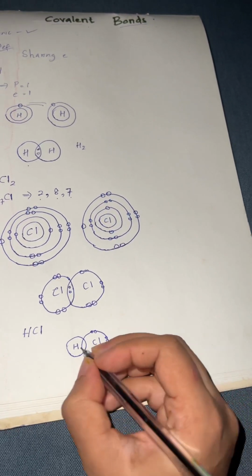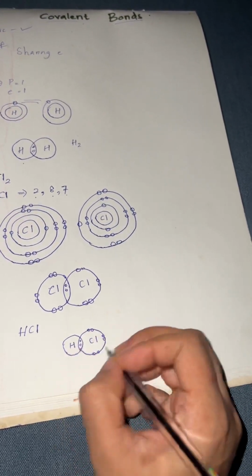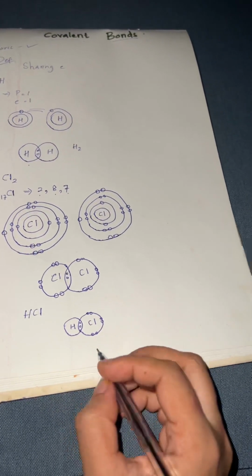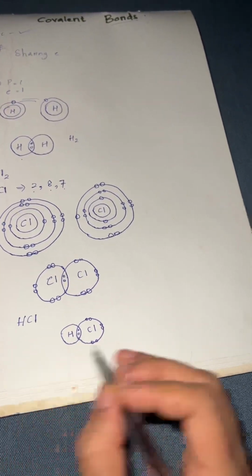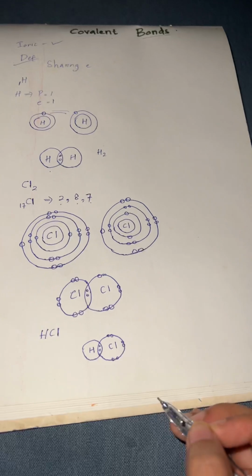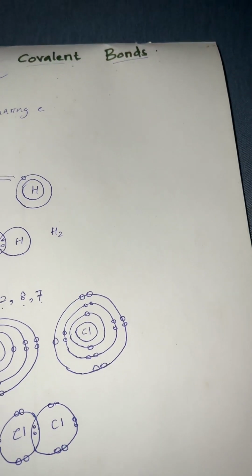The hydrogen has only one, so they will share, and now chlorine has 8 and hydrogen has 2, so they are stable. Likewise, you can try for the other ones also.